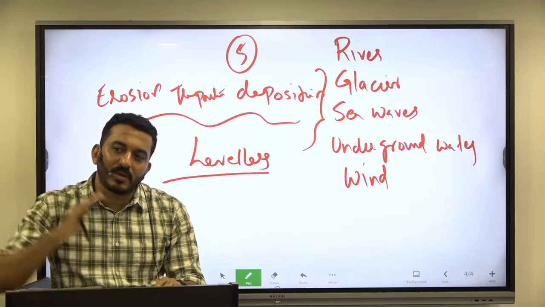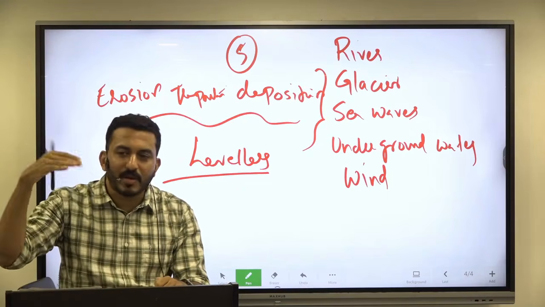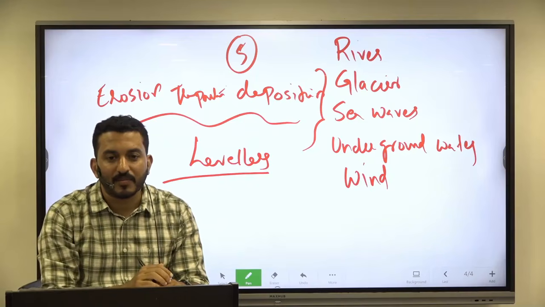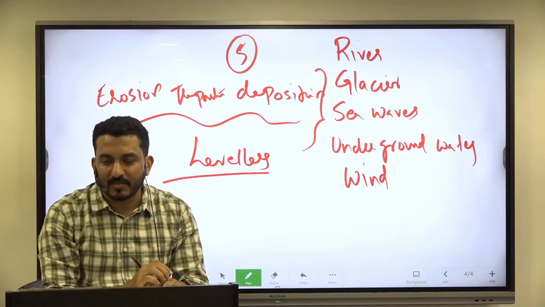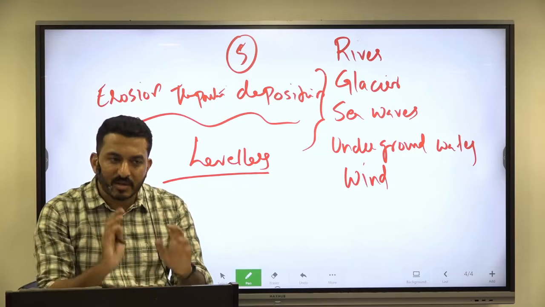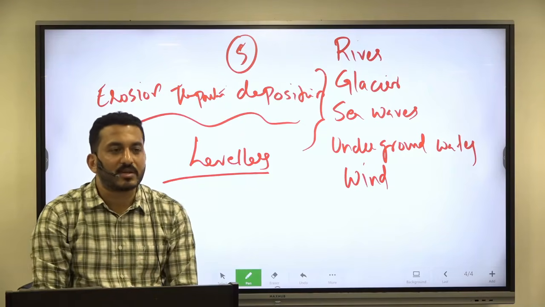Moving forward, exogenic rate will be more compared to endogenic. Then the height of the mountain starts decreasing. This is what is happening with respect to any physical feature, landscape over land.